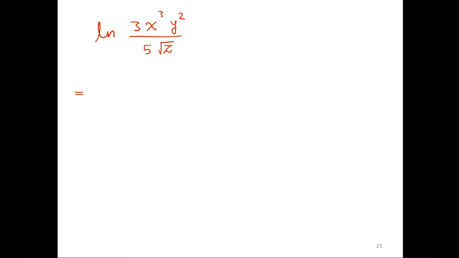When distributing the ln in denominators, put minus ln minus ln minus ln. So we have directly ln 3 plus ln x to the power 3 plus ln y squared. This is the numerators. Now we need to distribute the ln in denominator. So we have minus ln 5 minus ln radical z, like this.